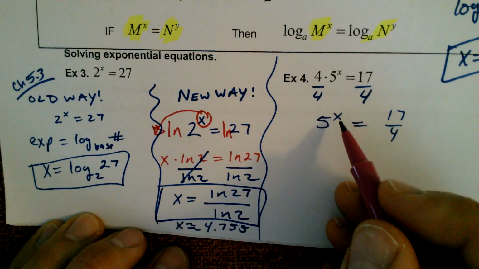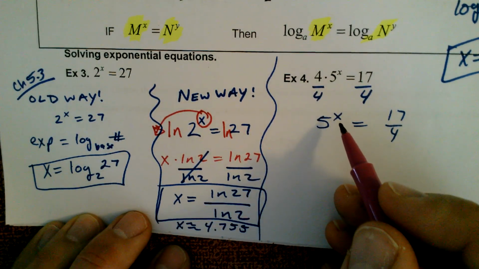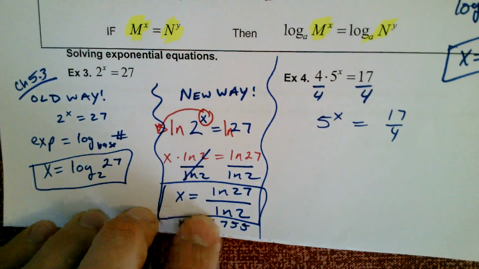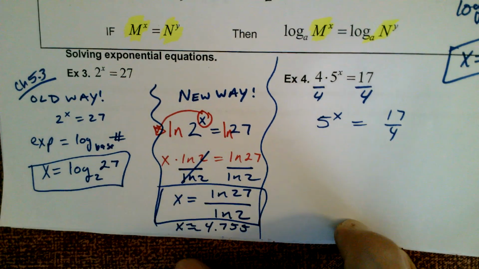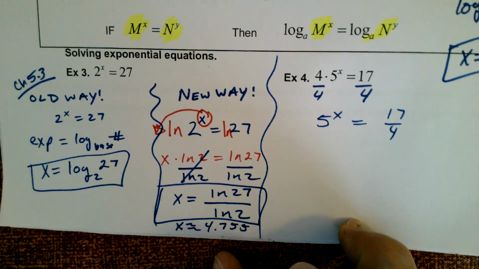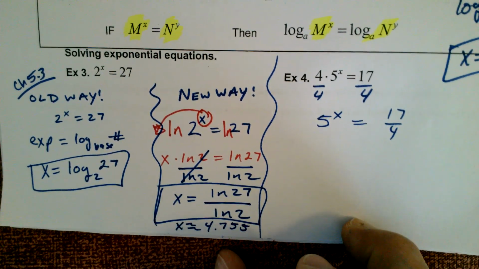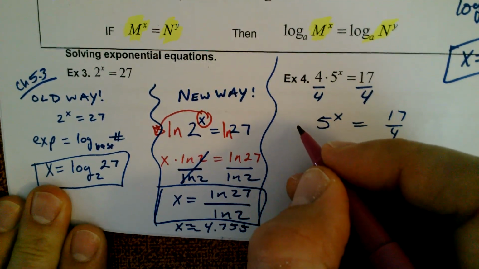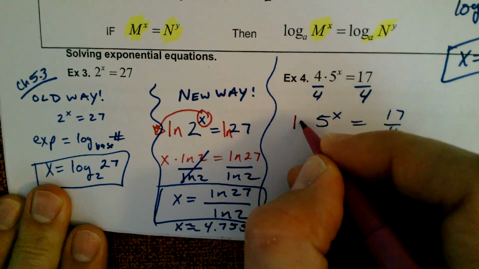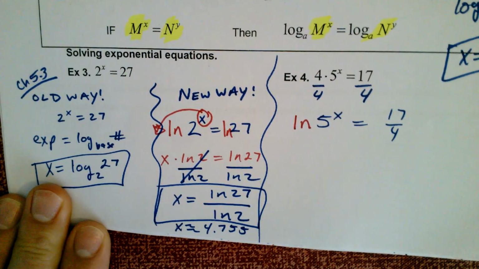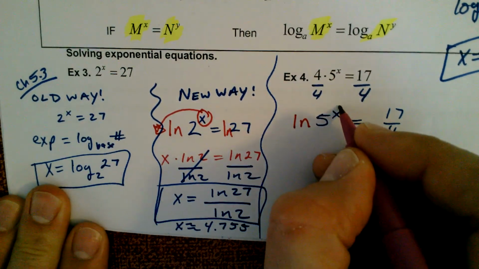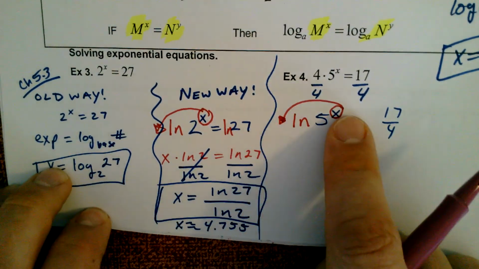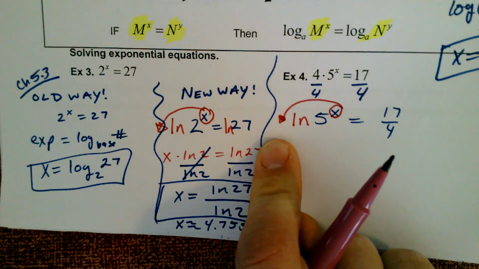Okay, so if you can't reach something, like maybe you got to get some spices from above the microwave, but you can't reach it. So the next thing you do is you grab something to stand on, and then you bring it down, right? Same idea. The thing I want to stand on is a log, like a piece of wood, right? A big old log. So I'm going to take off a natural log. Now I can reach up and grab this thing and bring it down. So I always say, hey, step on a log so we can bring the x down.